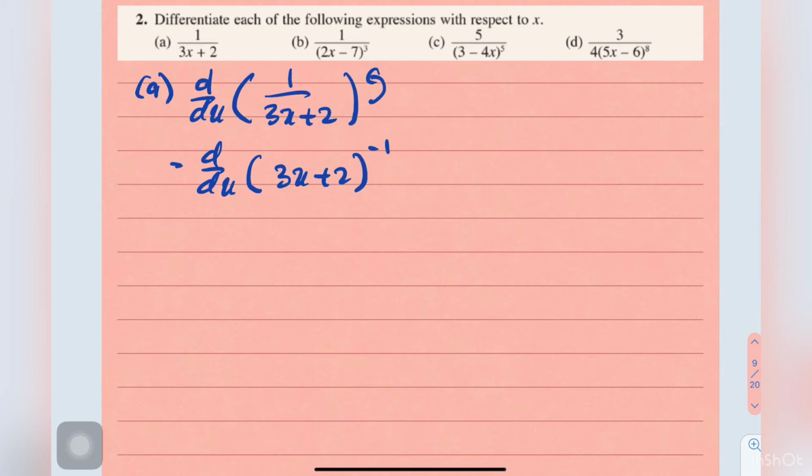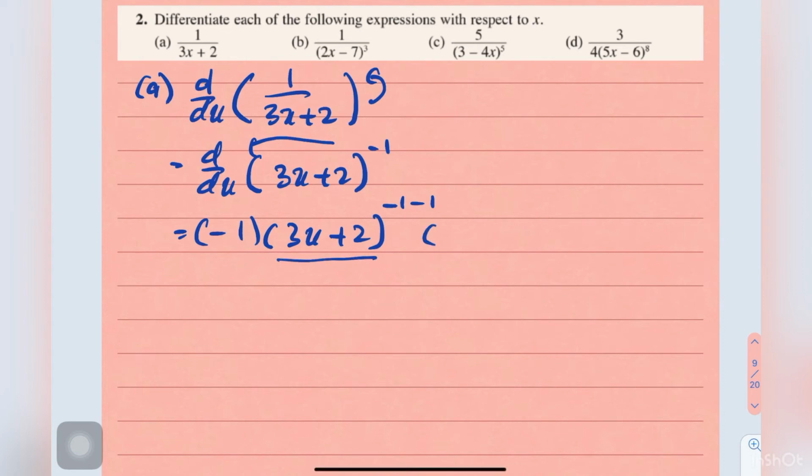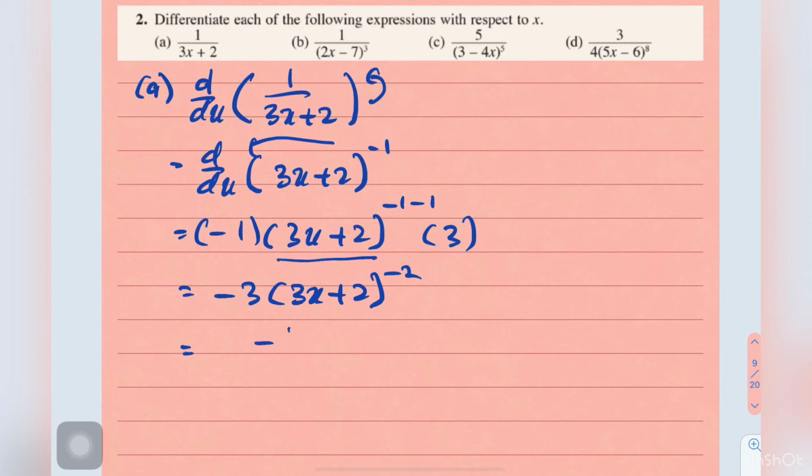Okay, so then you can differentiate. Here we have negative 1 (3x plus 2) to the power of negative 1 minus 1, times differentiate another time, the function in the bracket becomes 3. So here we simplify: negative 3 (3x plus 2)^(-2), which is negative 3 over (3x plus 2)^2.